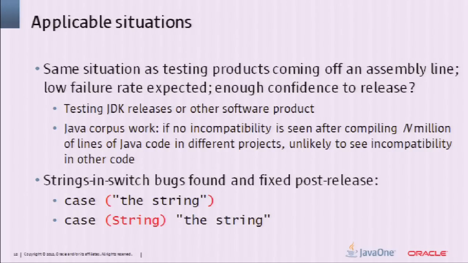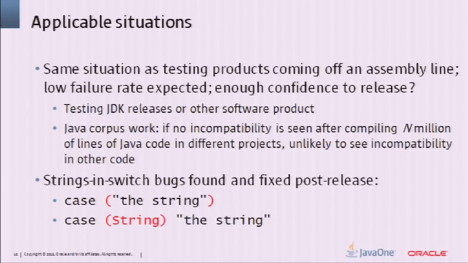For instance, there was a theoretical compatibility impact for the multi-catch statement with more precise rethrow. The compiler could recognize more dead code and therefore not allow certain programs to compile. But when we looked over millions and millions of lines of actual code, we didn't find any instances of that occurring. Because of that, we thought this would have a very low actual impact on users of Java, so we felt comfortable going ahead with that change.